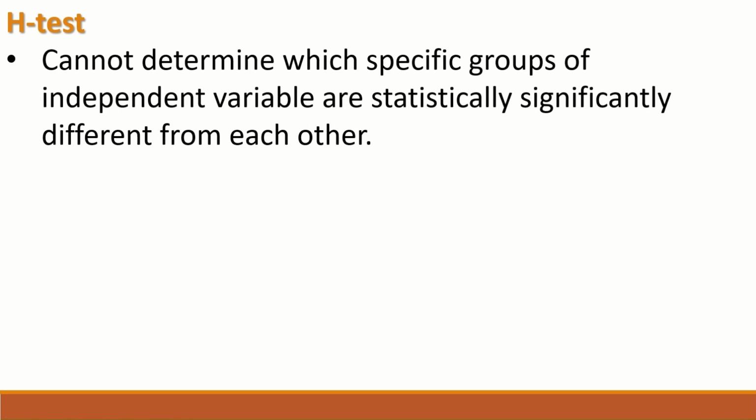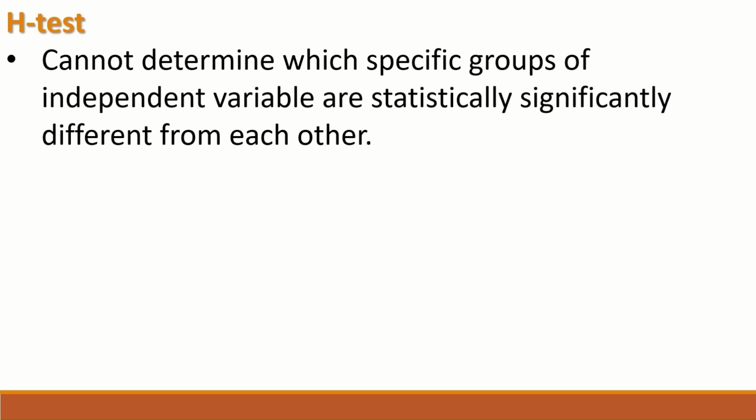The H test can't determine which specific group or groups of the independent variable are statistically significantly different from each other. So it can't tell which two or three or four or more groups are different.